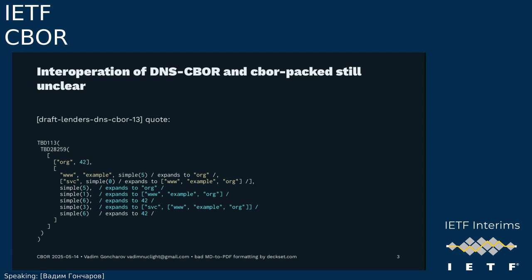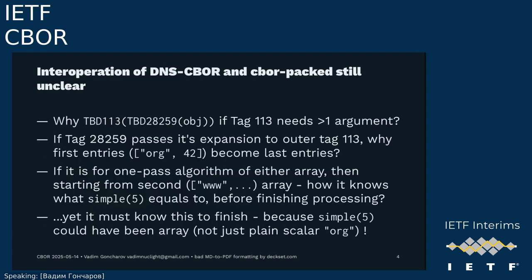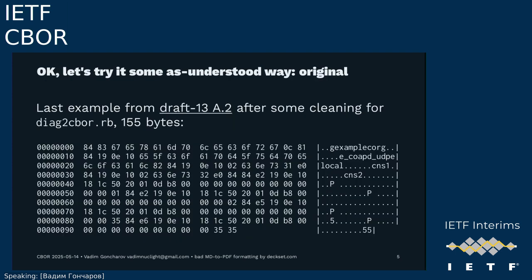Well, I had some problems with examples in the last DNS draft. For example, the tag combinations of the current CBOR pack tag and the DNS packed tag is not quite clear. I put that on the slides. This definitely needs more explanation or maybe even fixing in the next versions of the DNS draft.